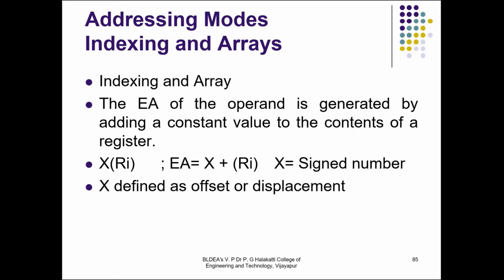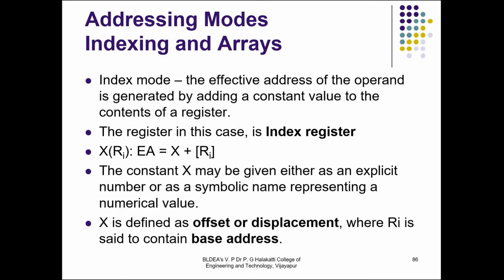In indexing mode, the effective address of the operand is generated by adding a constant value to the content of a register. The register in this case is the index register, where if I write X(Ri), the effective address will be equal to X plus the content of Ri.